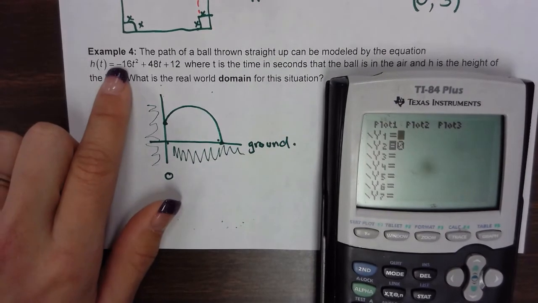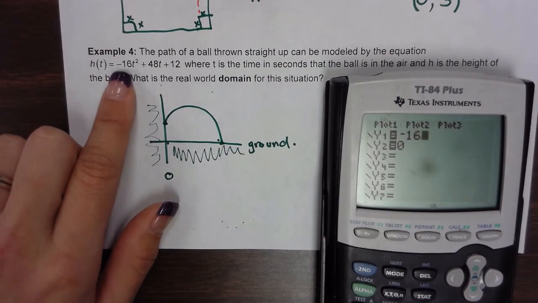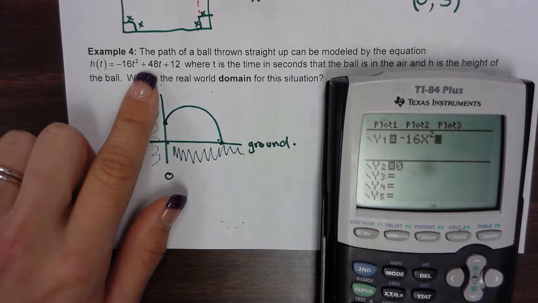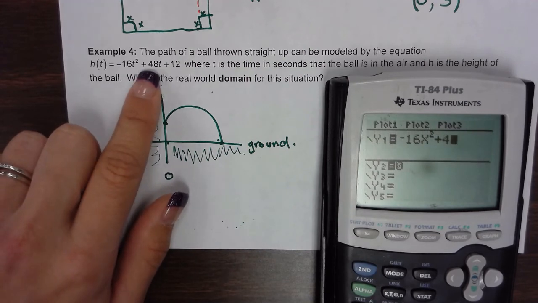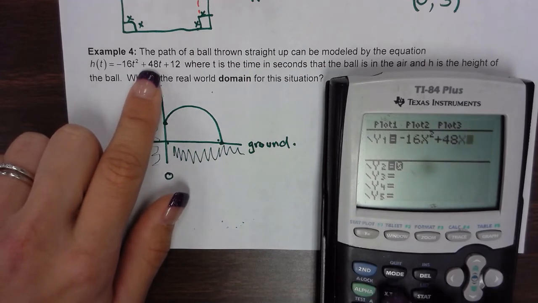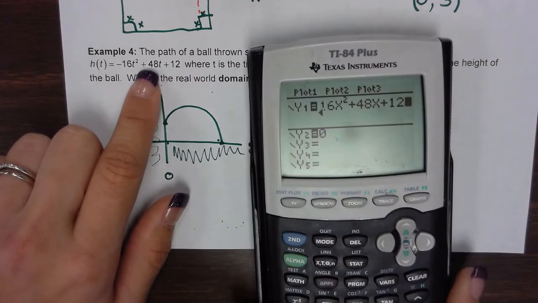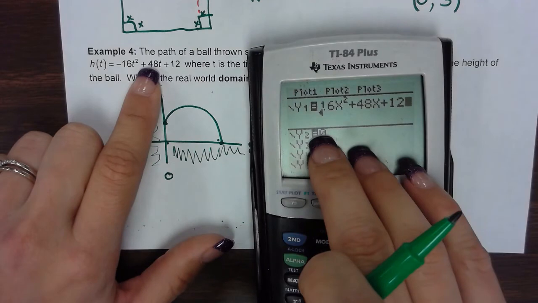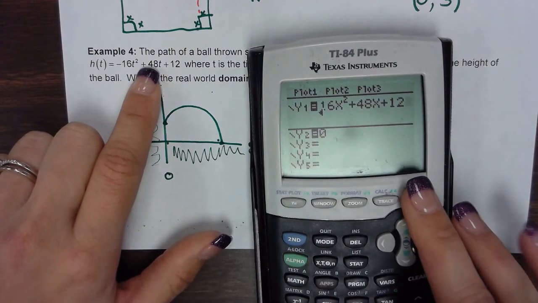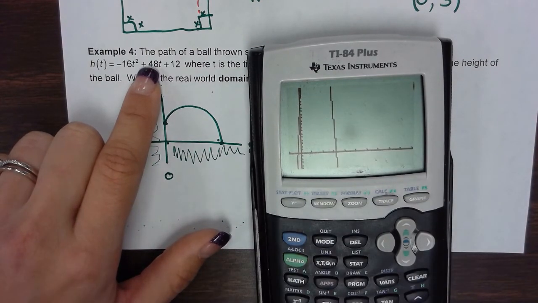We're going to put in our equation, -16x squared plus 48x plus 12. I like the intersection button, so I'm going to keep y2 as 0. Let's see if our window's okay. Our windows are okay.